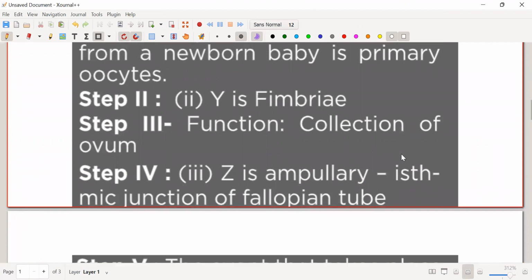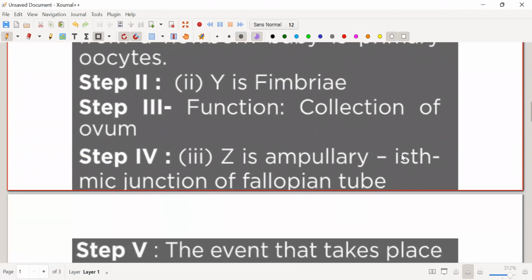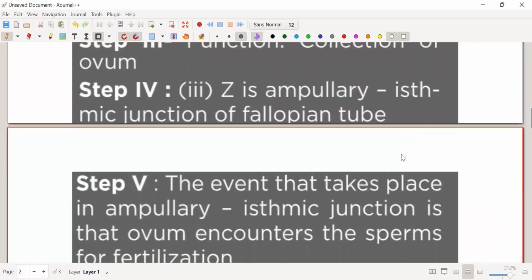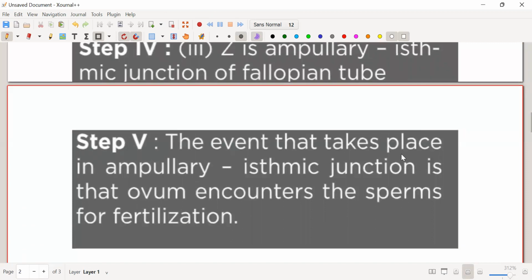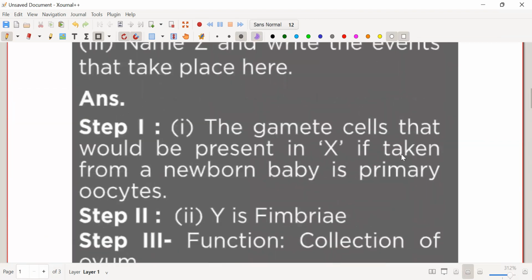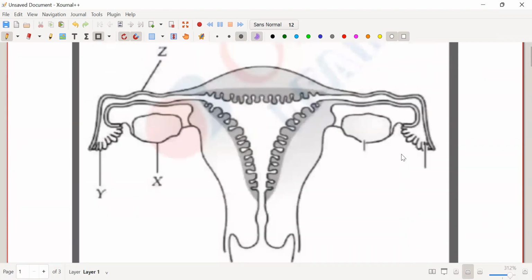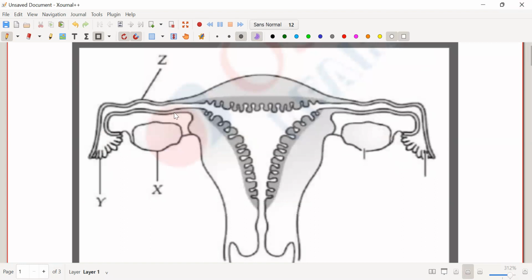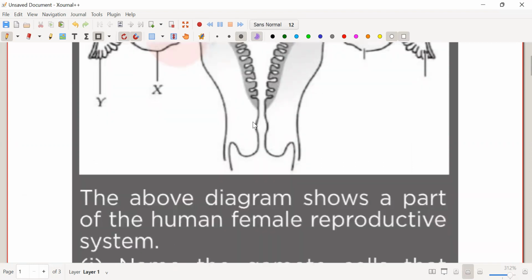Its function is collection of ovum. Then the fourth one is the ampullary isthmus junction of the fallopian tube. The event that takes place in the ampullary isthmus junction is that the ovum encounters the sperm for fertilization. This is where the ovum encounters the sperm and then gets settled in the womb, the mother's womb.